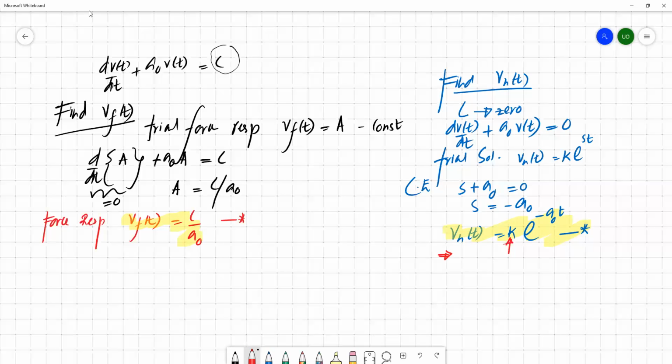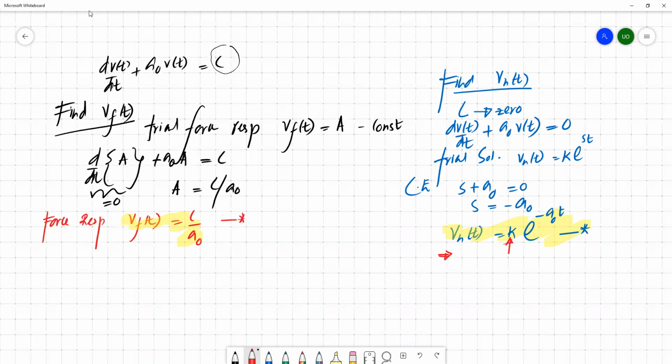The initial condition is also impacted by the DC sources. So we cannot just apply the initial condition by ignoring the forced response.